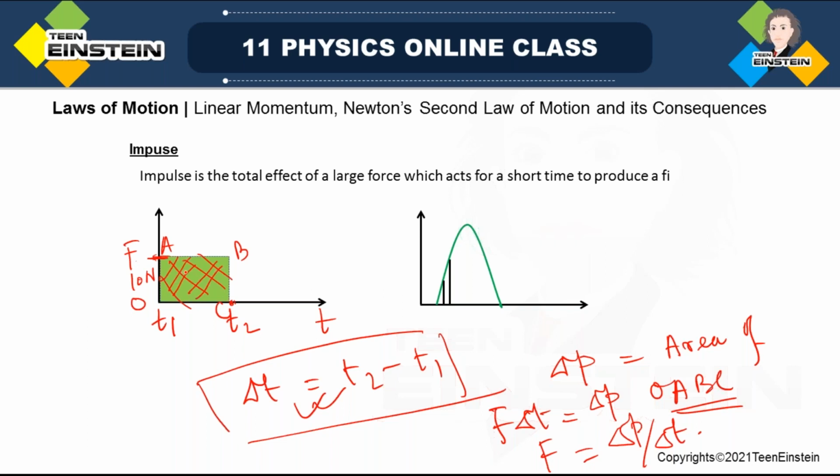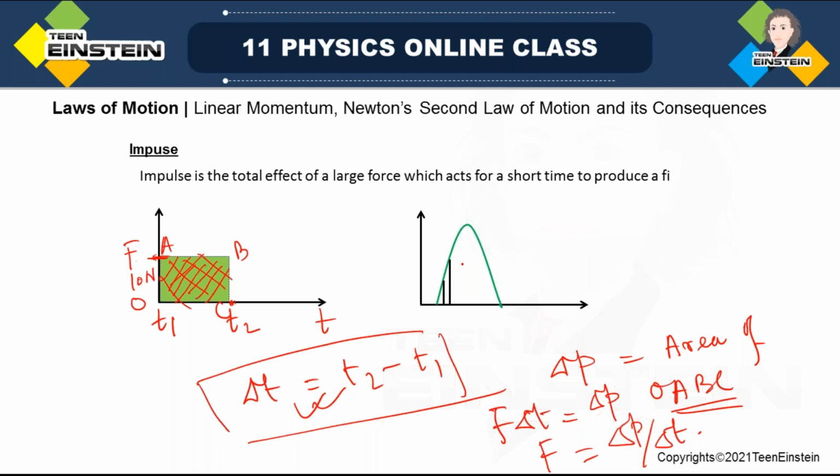Impulse means the change in the linear momentum. So if you get the area of this rectangle, you will get the impulse. Impulse means F into t, the product of the force and the time interval.